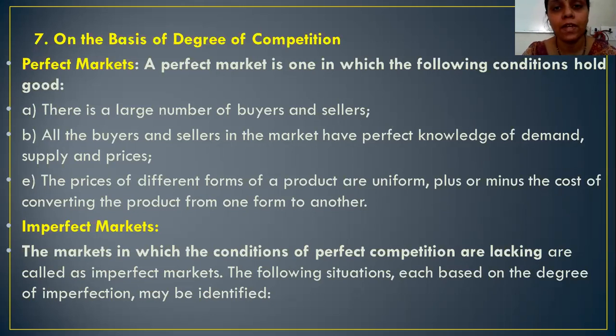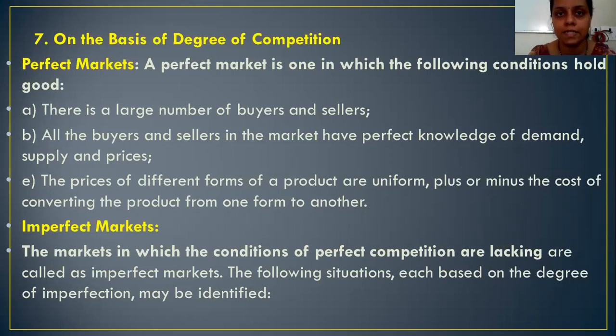A perfect market is one in which the following conditions hold. Which conditions are required for a perfect market? Number one, there is a large number of buyers and sellers. Second, all buyers and sellers in the market have perfect knowledge of three important points: demand, supply, and prices. Now, the next point, the prices of different forms of product are uniform.